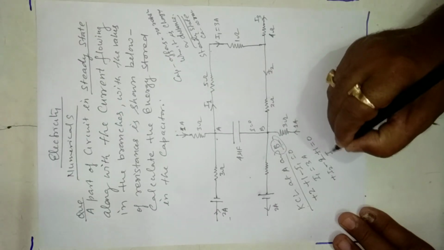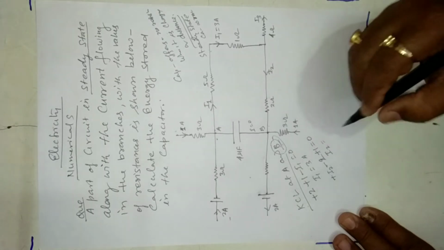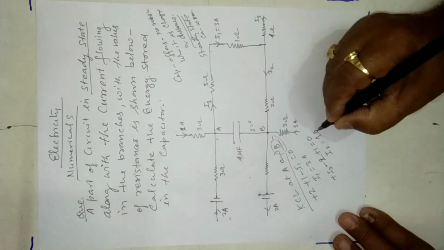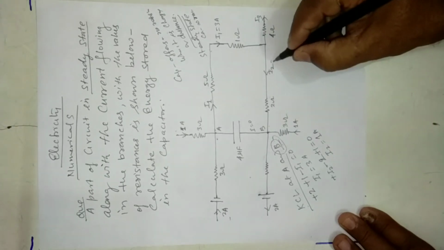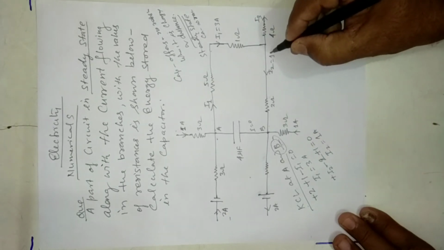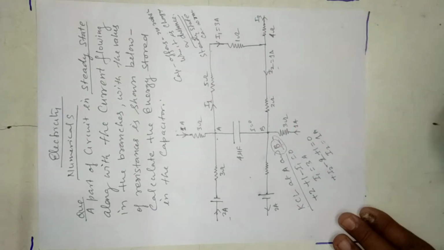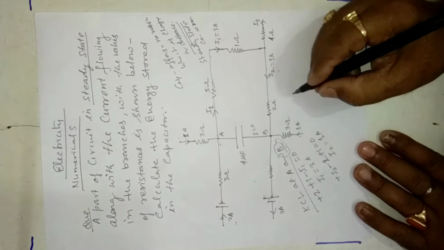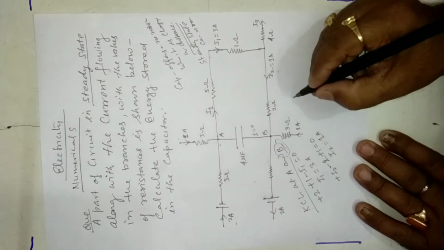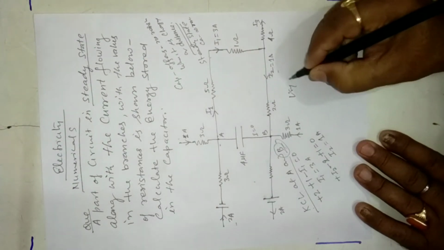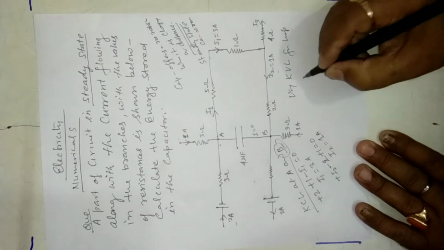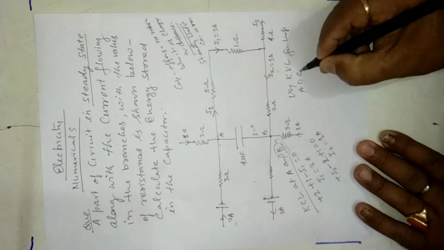The algebraic sum of current meeting at a point will be equal to 0. So we can calculate here I2 is equal to, what will happen, it will be 1. So it is 1 ampere. So I2 is equal to, we have calculated, 1 ampere current. So now we will use here Kirchhoff's KVL for loop ADCBA.